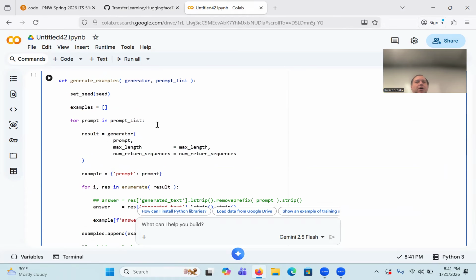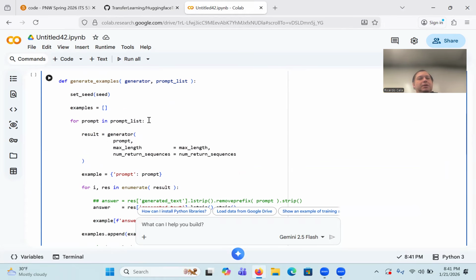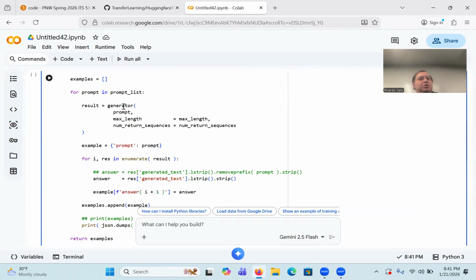Okay, so notice here we're going to have a generator, we're going to have a prompt. Somebody mentioned the word prompts. That becomes the term when we're using GPTs now, although this is not a prompt engineering class, but our inputs to the model become the prompts. So we have a prompt list, for prompt in prompt list. Notice the generator gets a prompt and all these parameters, and it provides results.